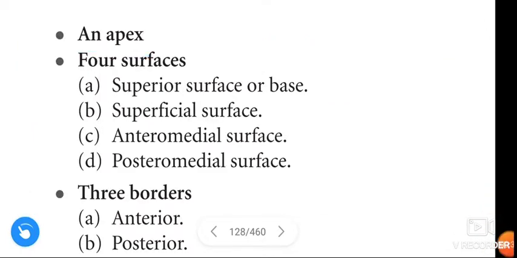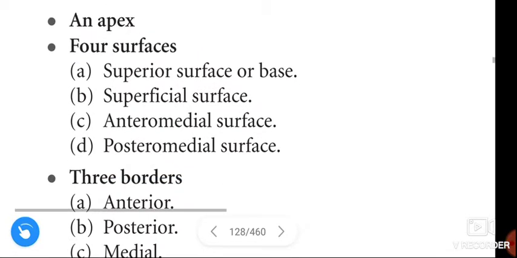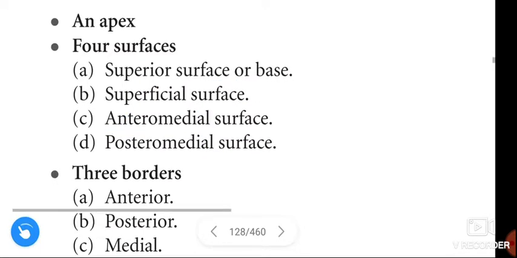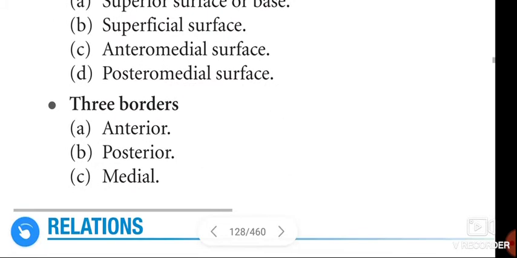An apex, four surfaces, and three borders. The four surfaces are the superior surface, also called the base, the superficial surface, the anteromedial surface, and the posteromedial surface. The three borders are the anterior border, posterior border, and medial border.